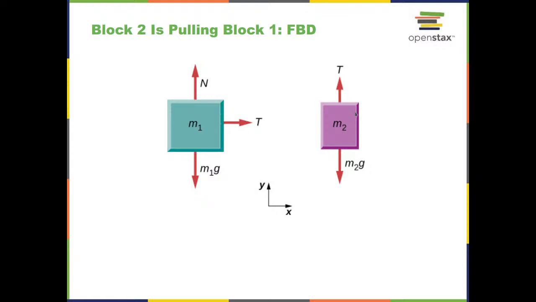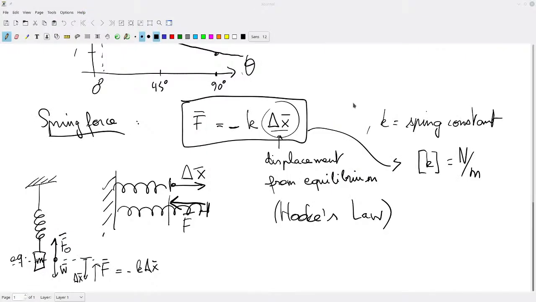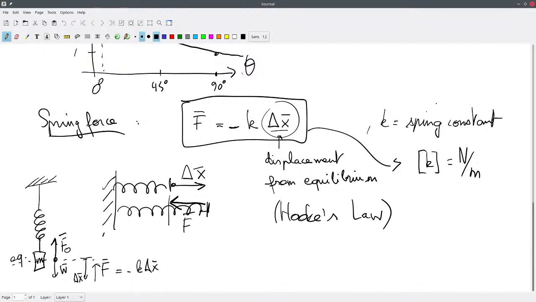The net force here is m2 times g minus the tension, and that will be m2 times the acceleration. So that allows us to calculate the acceleration in terms of the tension, or the tension in terms of the acceleration, right? So let me write that down.